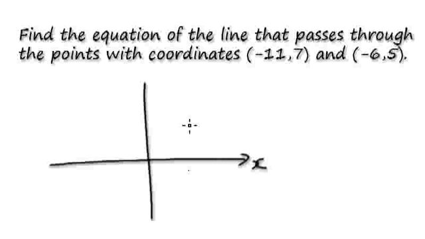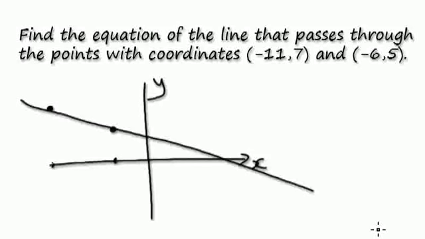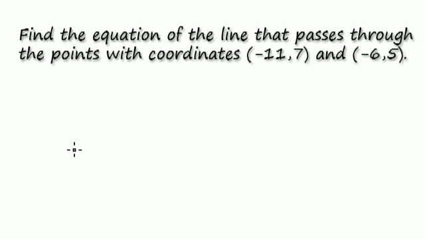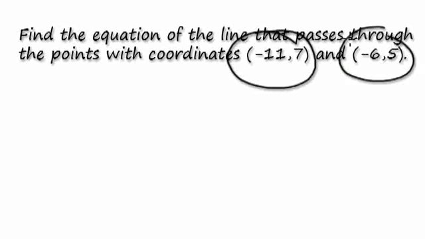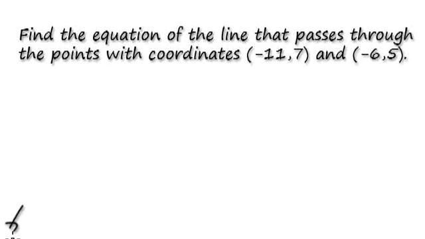Your graph will look something like this: x, y, and then minus 11, 7 around here, and minus 6, 5 somewhere around here. Just guess. Find the equation of the line that passes through this point and this point. So press pause and have a go.